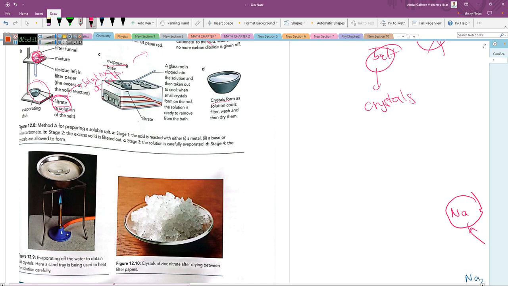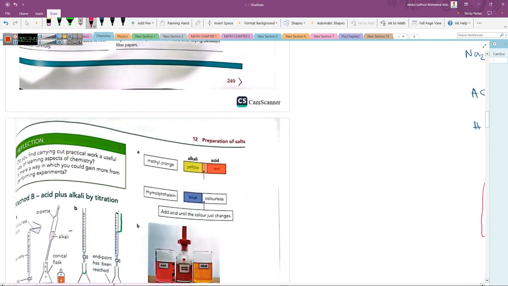So evaporating the water to obtain the crystals, right? So we can follow this method, and this is how the final crystals will appear, right? This is salt in the form of crystals.